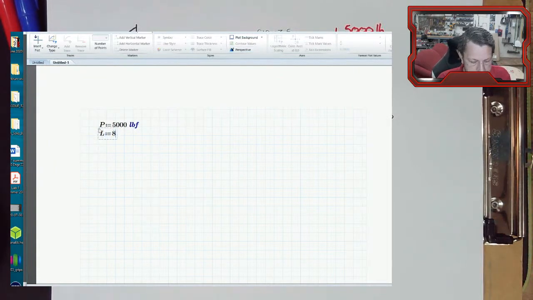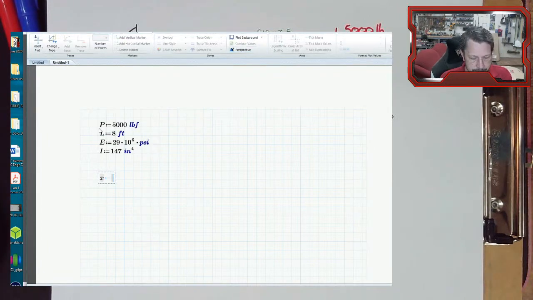L was 8 feet. E was 29 times 10 to the 6th psi. And I, 144 inches to the 4th. P, L, E, I, that's all the ones that we need.